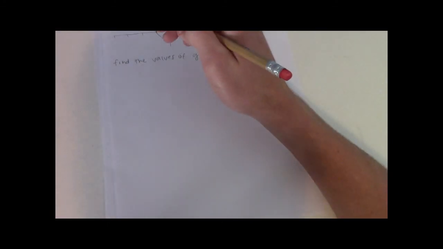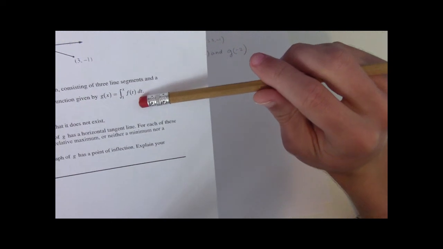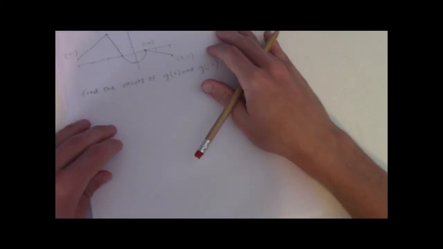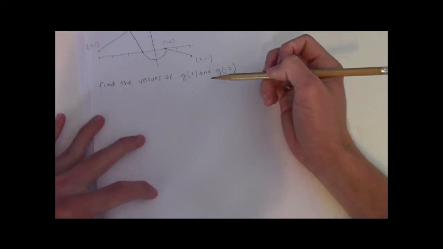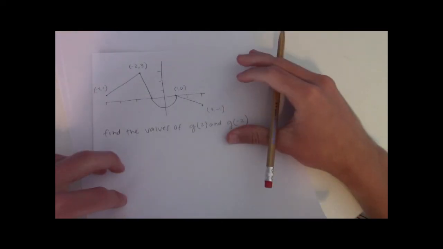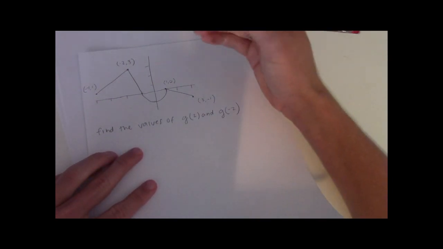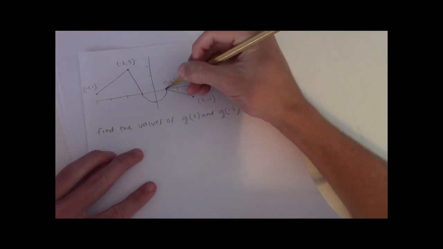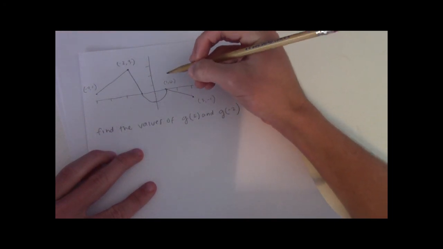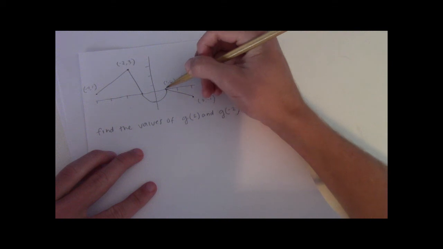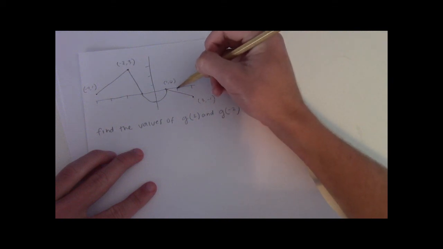And g of x is defined as the integral from 1 to x. So when we find g of 2, we are going to be integrating from 1 to 2. So in order to do that, integral equals area. So we're going to be finding the area from 1 to 2, which is a triangle.